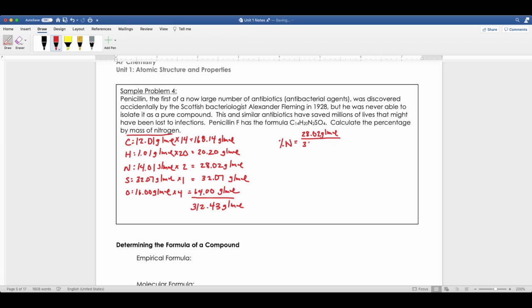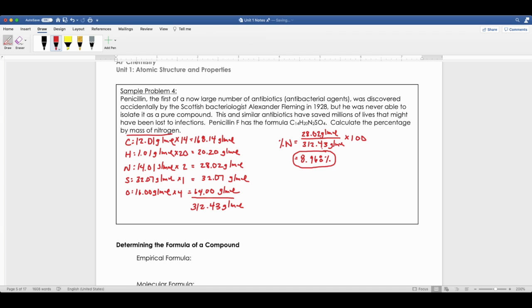The total is 312.43 grams per mole. Times that by 100. And when you do that, you get a pretty small amount, but significant enough, and it's 8.968 percentage by mass of nitrogen.